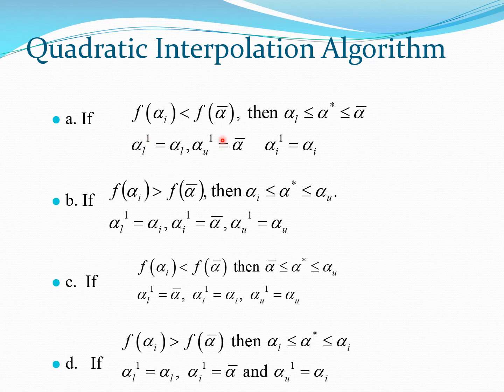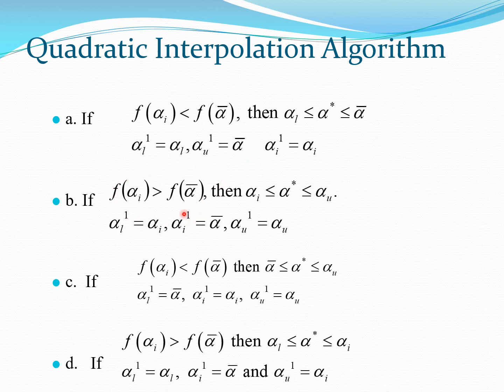These superscript 1 signify the new points which you have selected and the interval has come down. You can see clearly here that alpha L1 is alpha L and alpha U1 is alpha bar. So alpha U of this interval has been discarded. That side of the problem has been discarded.